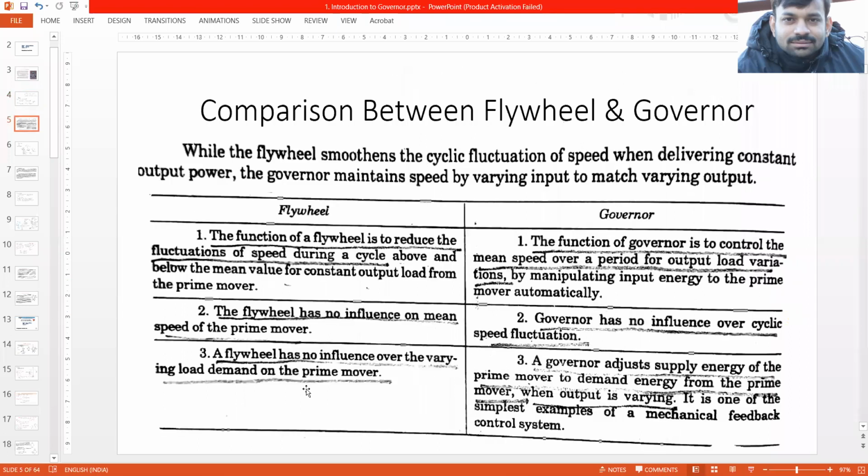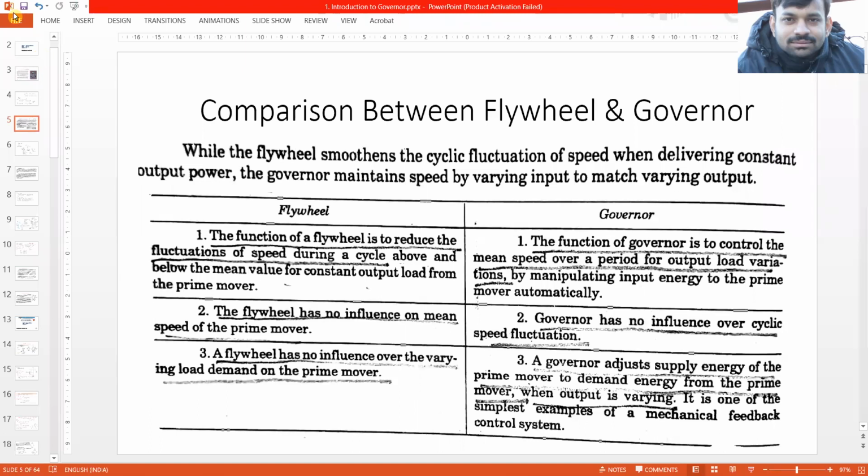Then we also saw a comparison between flywheel and governor. We learned that the flywheel works for the cyclic fluctuation, the cycle on which the machine is running.